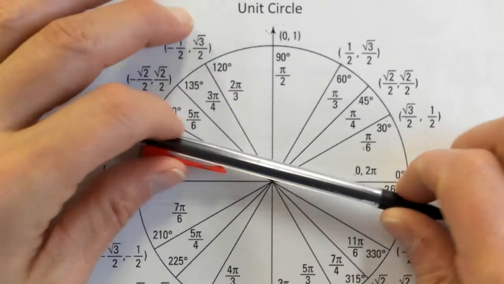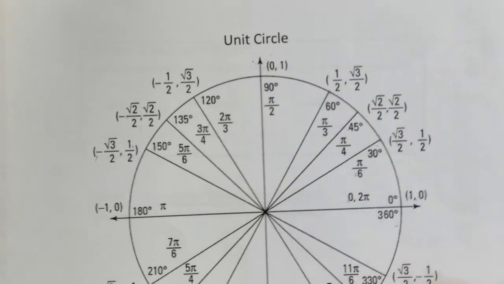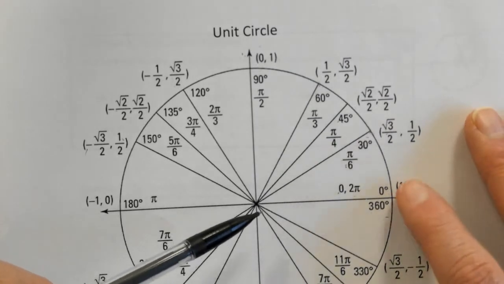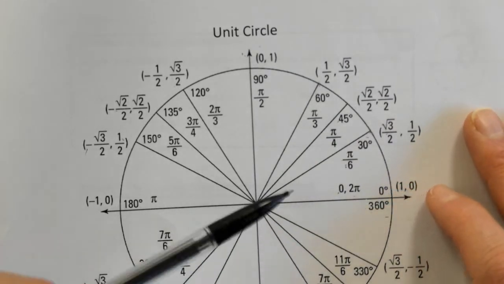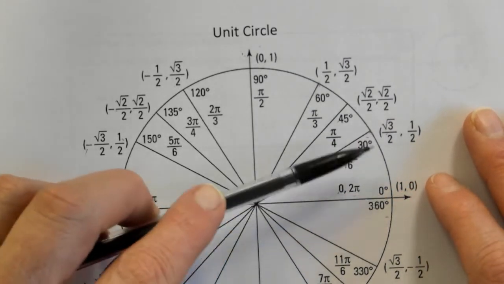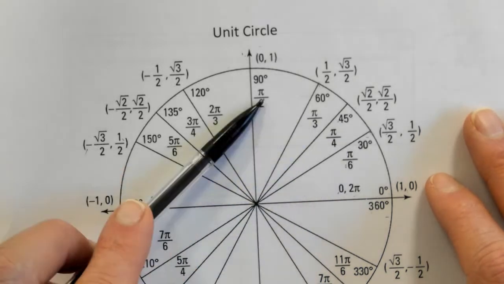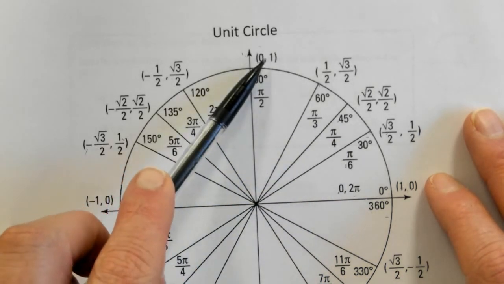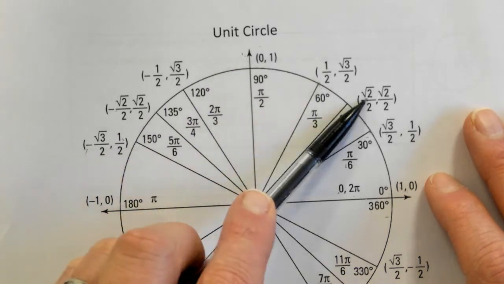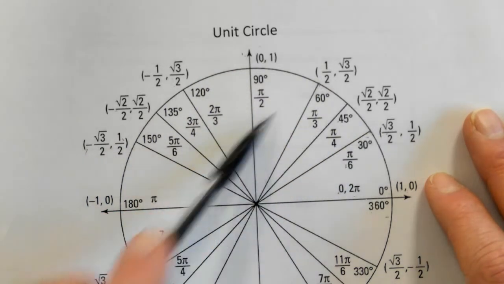So that's kind of what the unit circle is. It is a circle of radius 1, and the unit circle has key degree measures and radian measures that correspond to the ordered pairs of different points, common angle points, as you go around the circle.